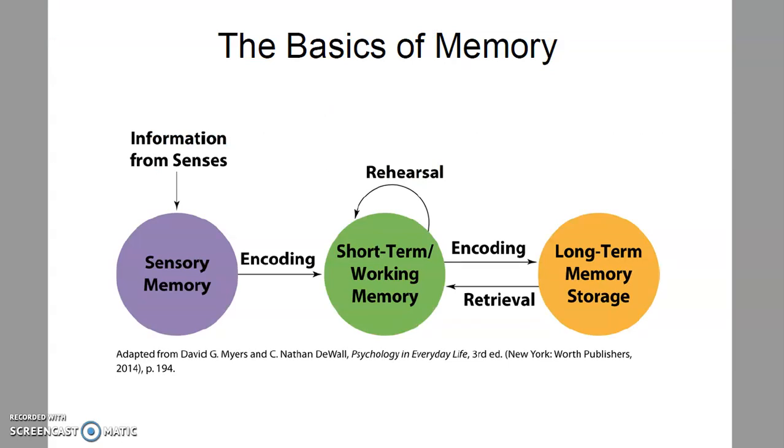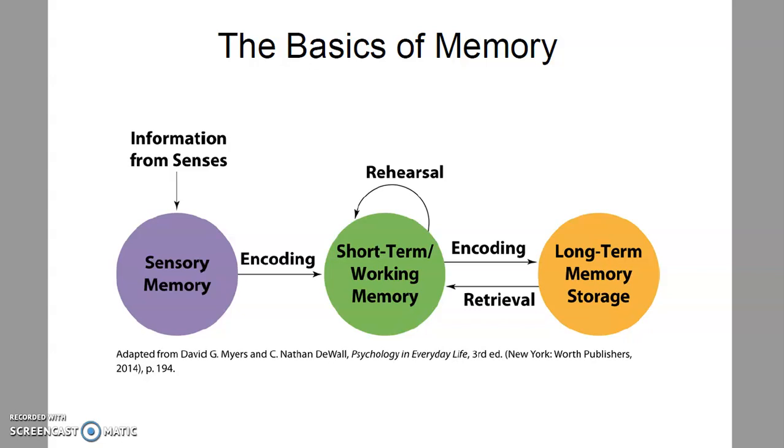This picture simply shows you how the process works. You take information in from your senses, for example, your sense of hearing or seeing, touching, maybe even smelling. You encode the information, meaning you start to think about it, you start to work on memorizing it by moving it to your short-term memory.